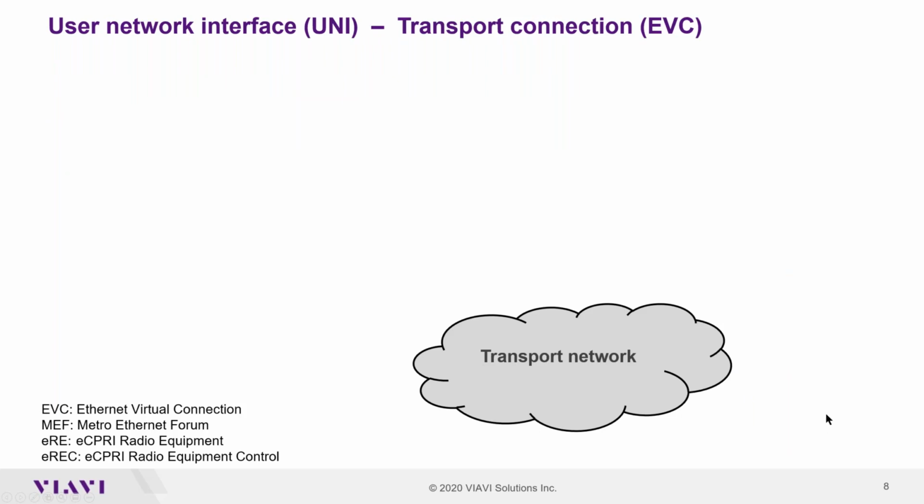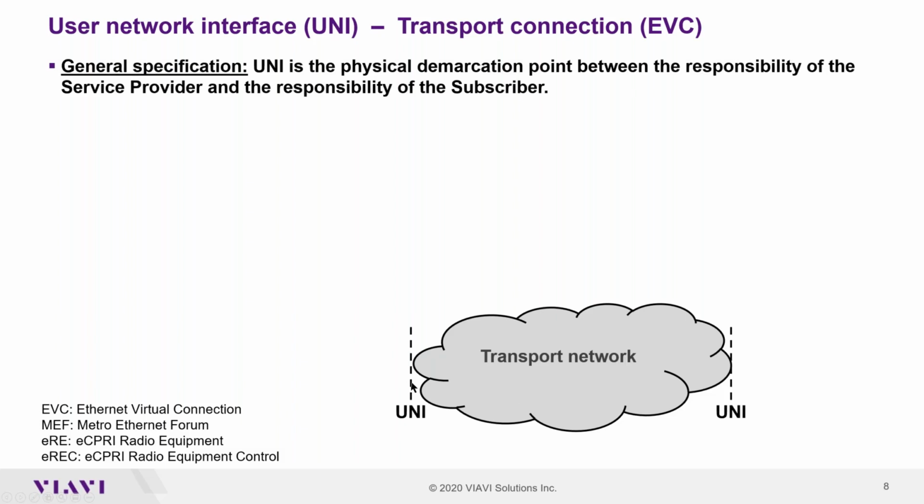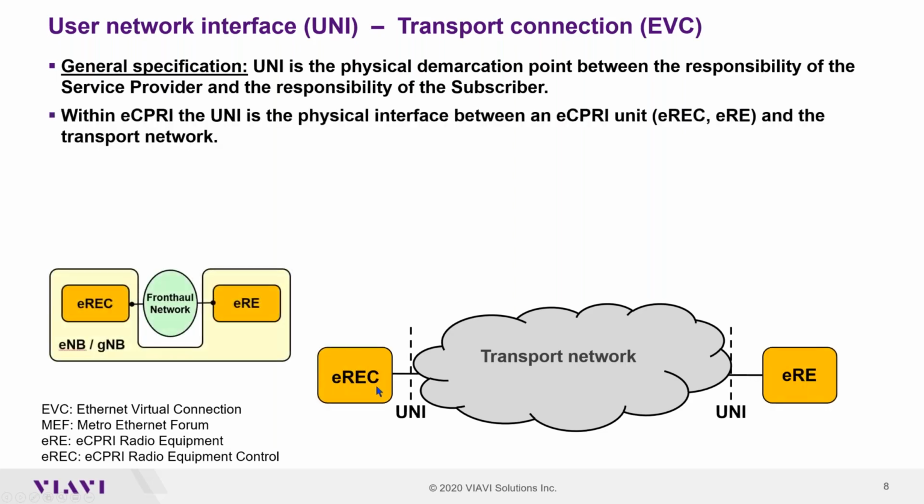Okay, about testing, or how these logical connections are defined. If you have a transport network in general, you always have at the border of the transport network the user network interface where the devices are connected. In eCPRI terminology, we have the radio equipment controller and the radio equipment.